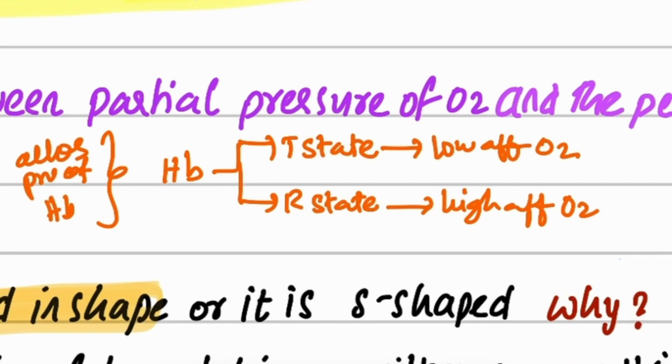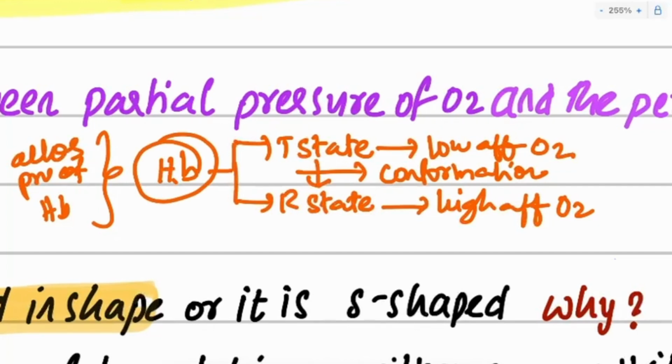Now what happens due to this allosteric property? There will be a conformational change in the structure of hemoglobin. It converts from the T state to the R state, which increases the affinity for oxygen. I hope you got the point.